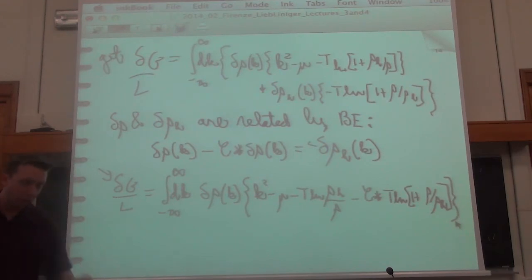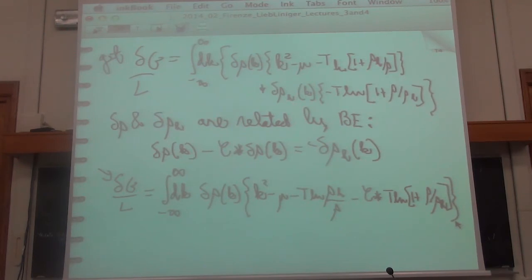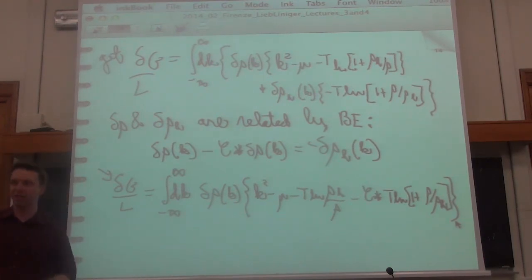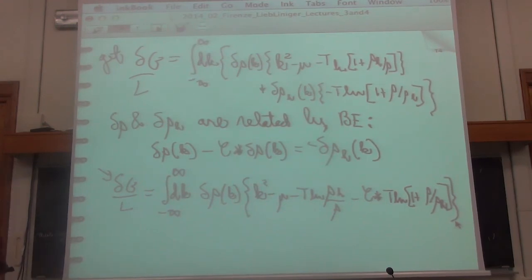So what's the magic of the saddle point approximation? The magic is that it gives you a functional relation. If you are sitting at the minimum of the effective action given to you by the Gibbs free energy, then this has to be a stationary point. Therefore, for any variation delta rho, the change in the Gibbs free energy has to vanish.